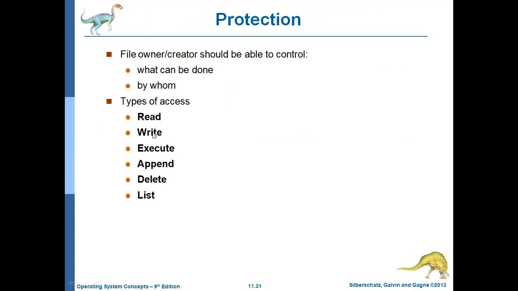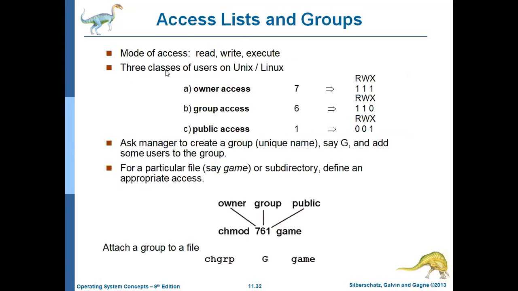So with respect to protection for the files, we have different protections there. What are the protections? Ultimately read, write, and execute. These are the respective permissions there. As I have set out in class, if you remember, there are three categories of people: owner, group, and public, that is others. By default, these are the permissions: 7, 6, and 1.